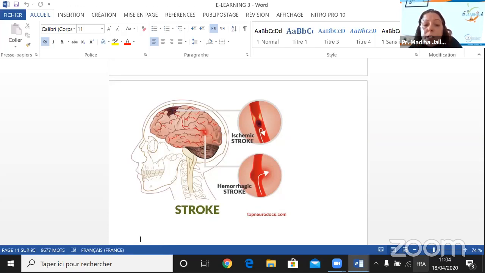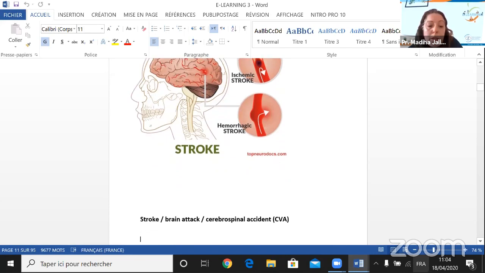And the hemorrhagic is from the noun hemorrhage. As you said, there is a tear, or a break. You can use the noun a break that occurred to the blood vessel. It's hemorrhagic. This is a stroke.